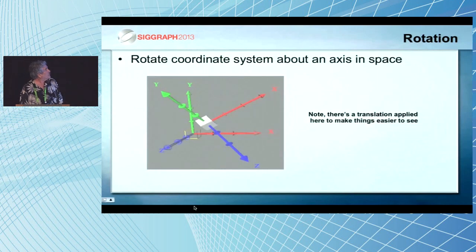Now, the general rotation you want is a rotation about an arbitrary axis or an arbitrary direction in space. But there's another factor that comes up, and actually comes up in scaling too. If you rotate something, there's always one point that doesn't move. That's called the fixed point of the rotation.